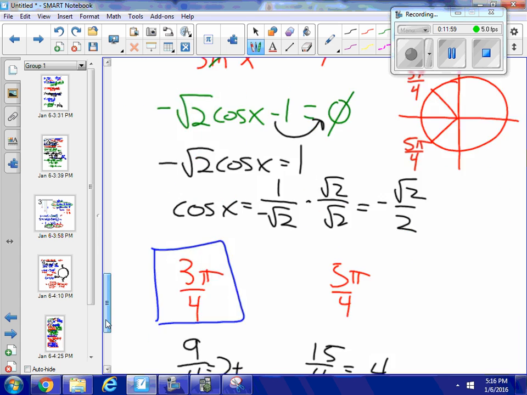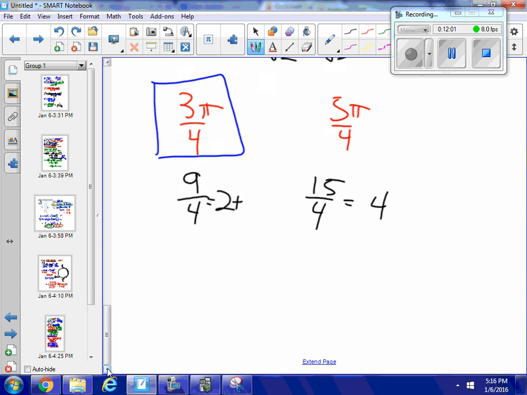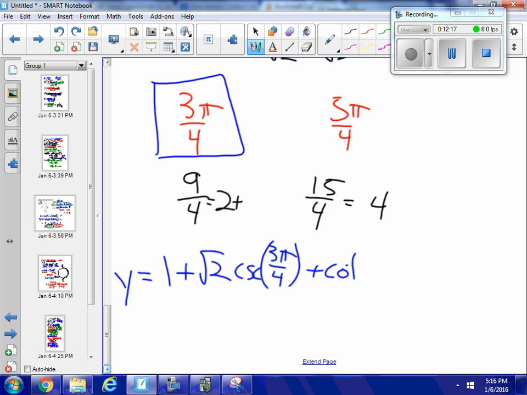So I have y is equal to 1 plus radical 2 times cosecant 3 pi over 4 plus cotangent 3 pi over 4.